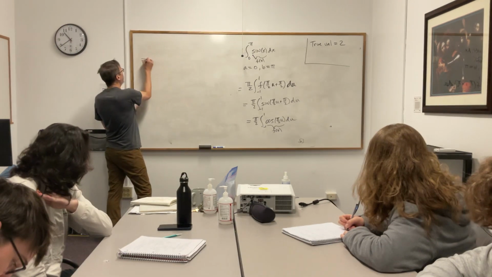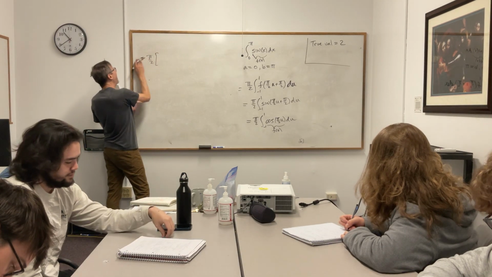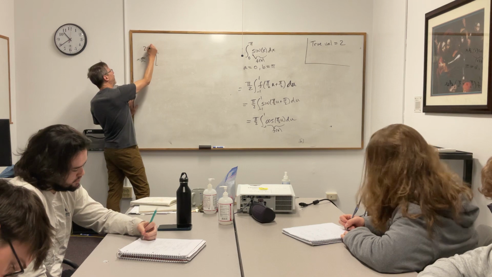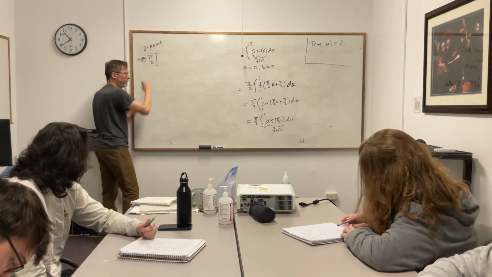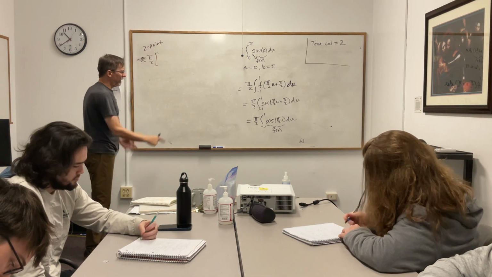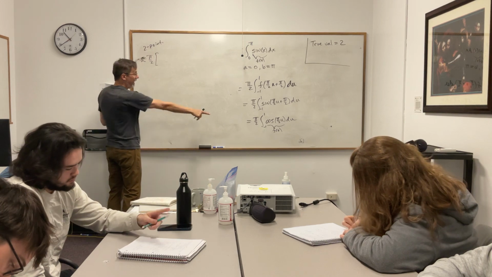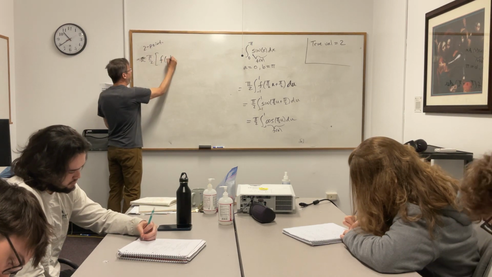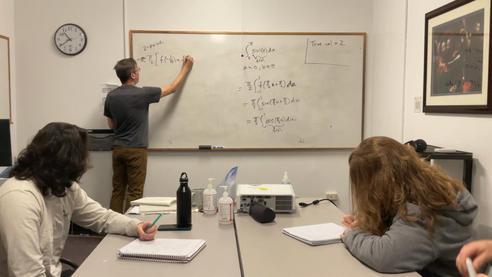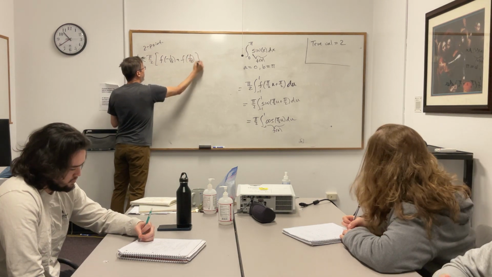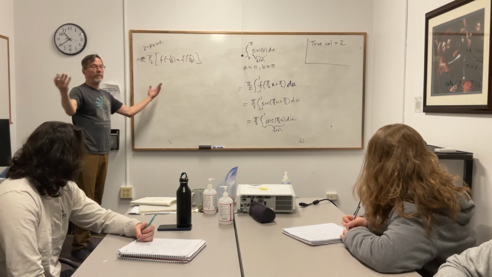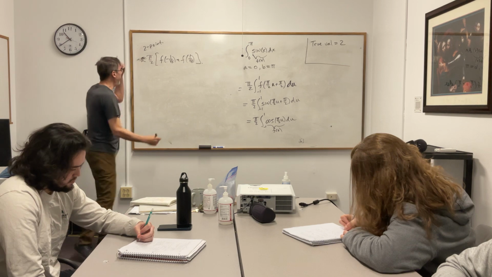So, approximately, right? We're going to use 2-point integration, and I'm just going to have f at negative 1 over root 3 plus f at 1 over root 3. Let me know what happens. I'll start writing some stuff out.